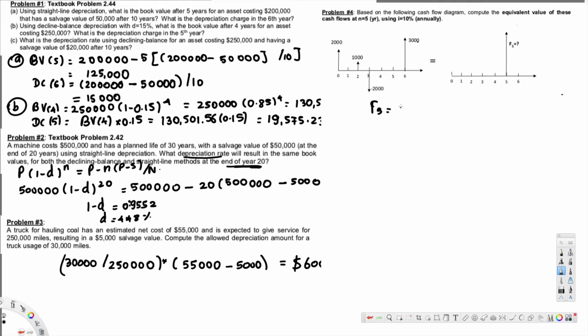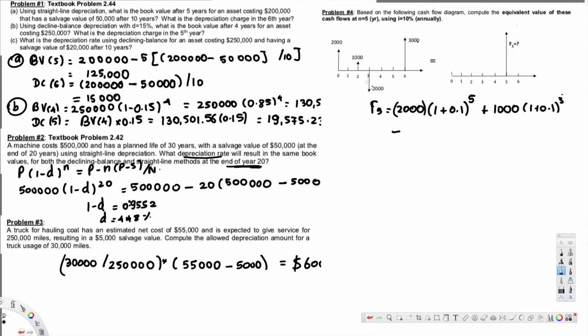Here 2000, and that is the 0th year, so 5 minus 0, that's going to be 5 right here: 2000(1 + 0.1)^5, plus, if it's upside, plus 1000 times (1 + 0.1)^(5 minus 2), that is 3.